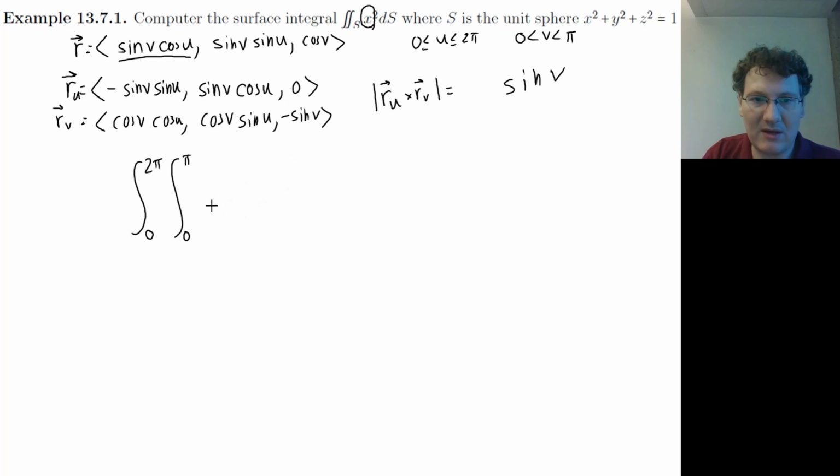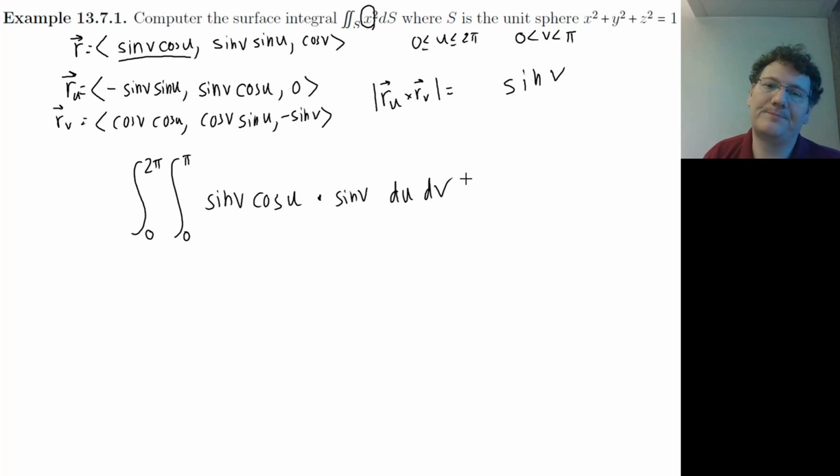I'm going to put that right here, sine of v cosine of u, times the sine of v, and then my du and dv. I only put x in here. It's x squared, so it should be sine squared v and cosine squared u.